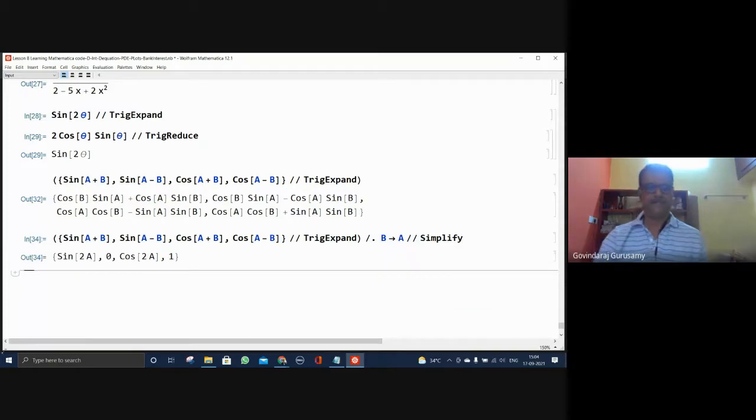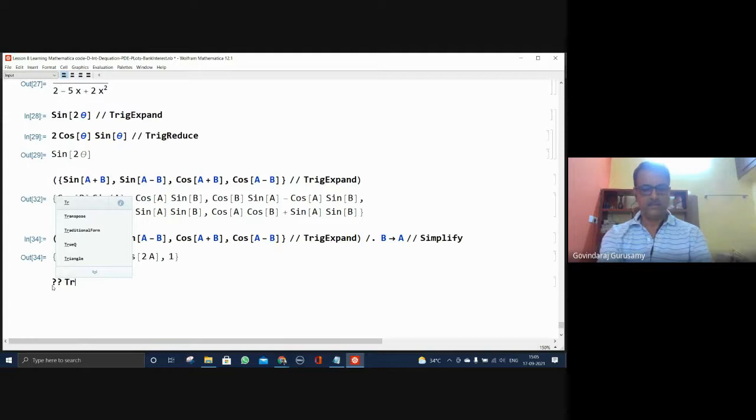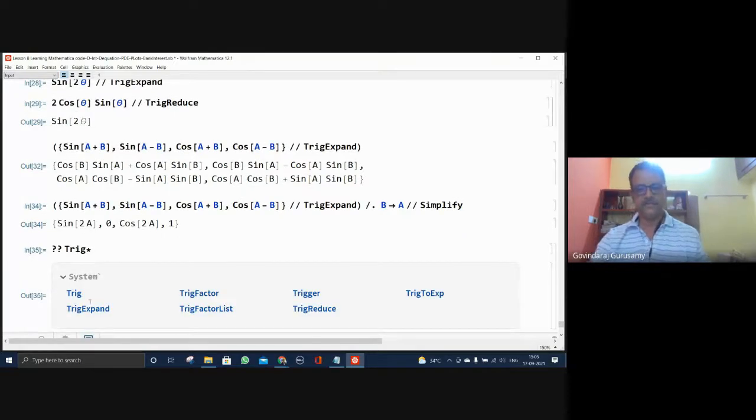Okay. Sin 2A, 0, cos 2A, 1. So this is the result that you have now. And there are so many trig commands available.